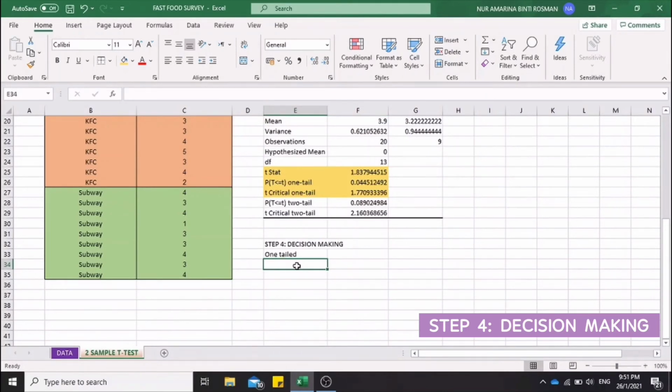In decision making you have 2 approaches that you have to calculate. First one is critical value approach, and second one is p-value approach. So here we calculate critical value first.